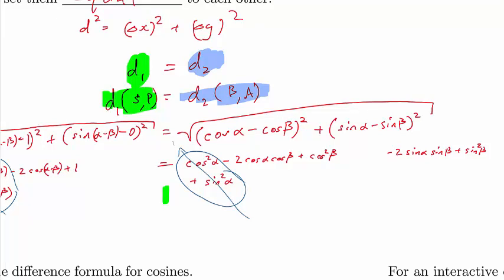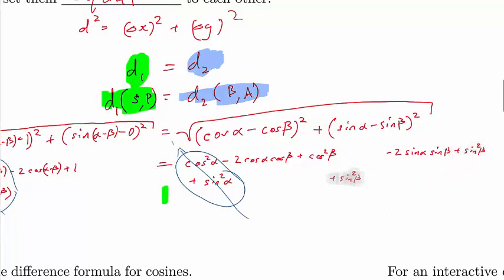And then also see that this guy right here can go right over there, because we can move things around since it's just addition. And lo and behold, this also is 1. So a lot of simplifications going on.